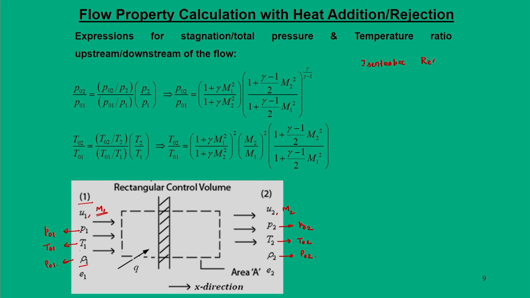Now, from the isentropic relations we all know, the important parameters here are P naught 2 and T naught 2.